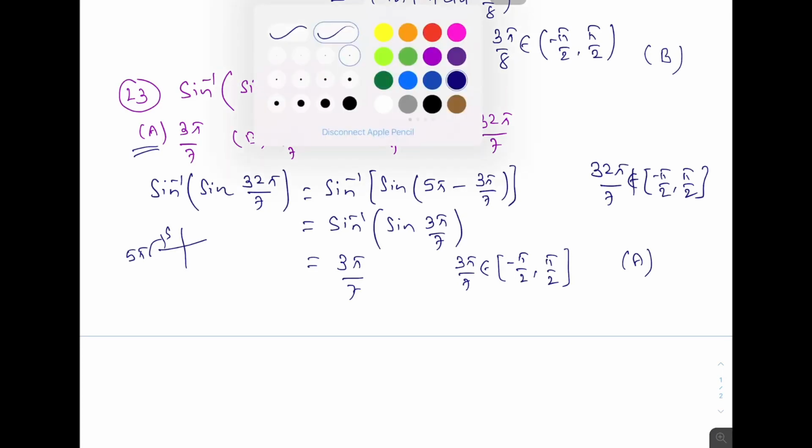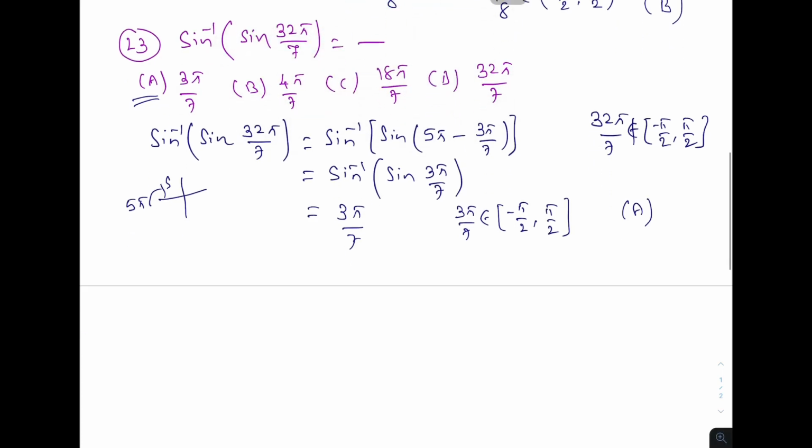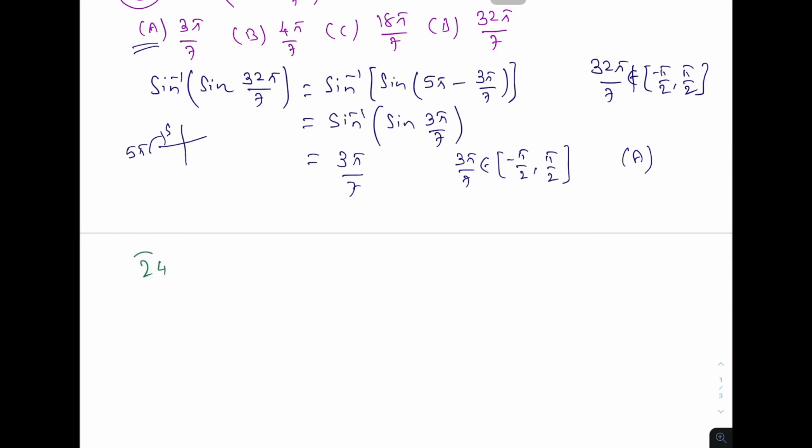Okay, next. The value of cosine of pi by 6 plus cosine inverse of minus 1 by 2 is blank.